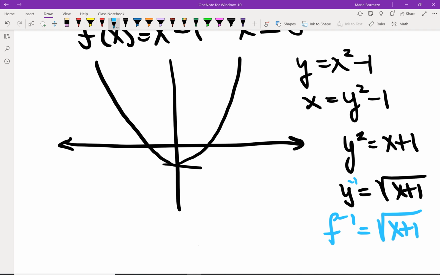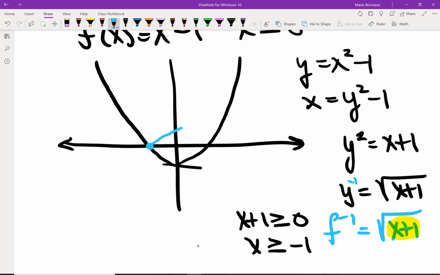Remember the rule that I established with you, and I said to you, all the stuff in the middle, so that x plus 1 has to be greater than or equal to 0, which means that x has to be greater than or equal to negative 1. So if I draw its inverse, let's assume this is negative 1.